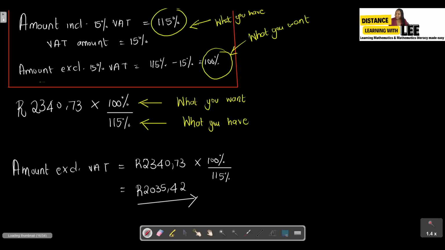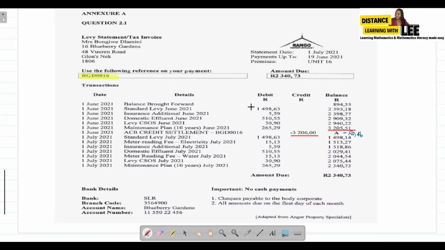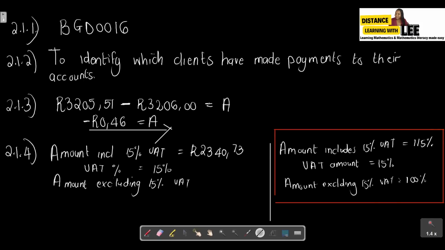Okay, so we go to our tax invoice now, and we basically look for your June 2021. What was the standard levy fee? So we see that the standard levy fee for June 2021 was equal to 1,498.63 cents. So we're going to write that down.